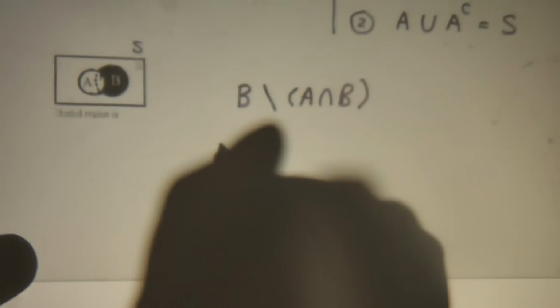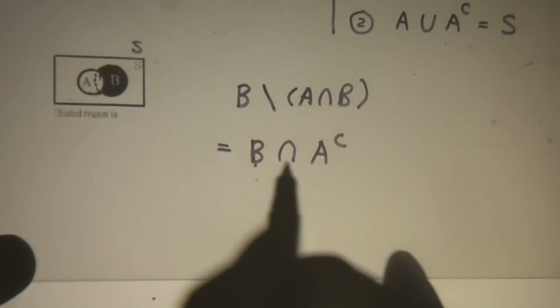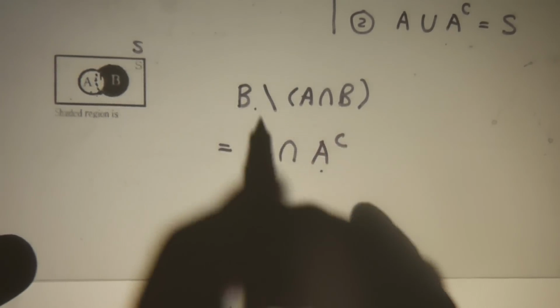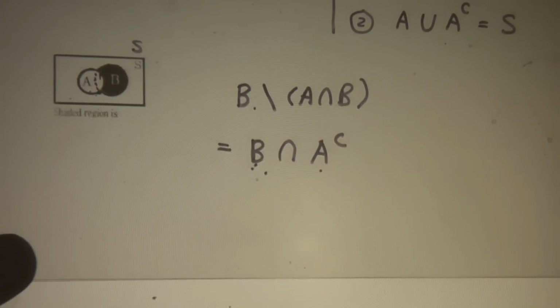From B we take A and B away. This is easy. The harder way to see it is B and A complement. Try to convince yourself these two are the same.